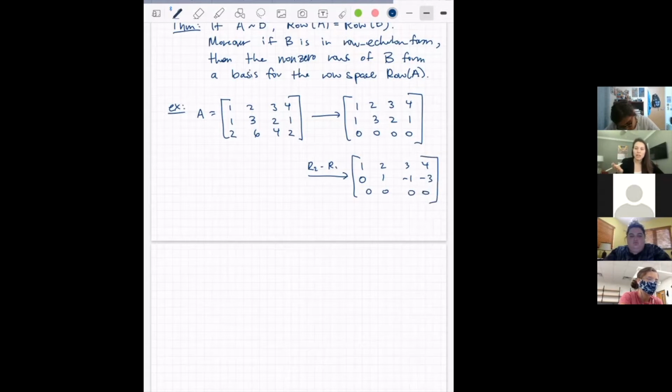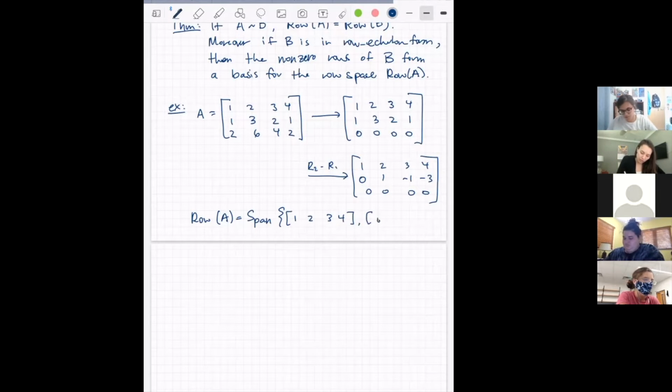Okay. And we have 2 non-zero rows, right? It's the first 2. So our basis for our row space, we'll just write it this way. So our row space is equal to the span of, and since we are using these, I'm going to write them as row vectors. Usually, up to this point, we've been writing everything as a column vector, but it's more natural to write it this way. But if you really want to, you can just take the transpose and write it as a column vector.